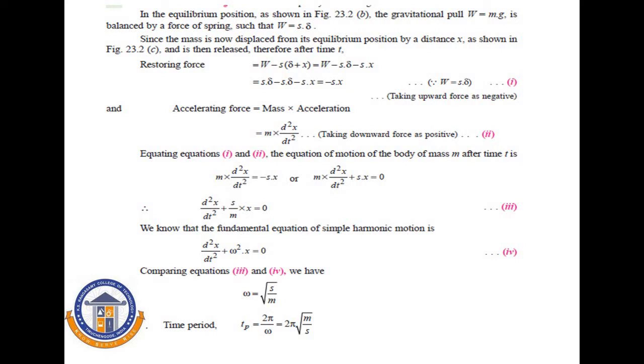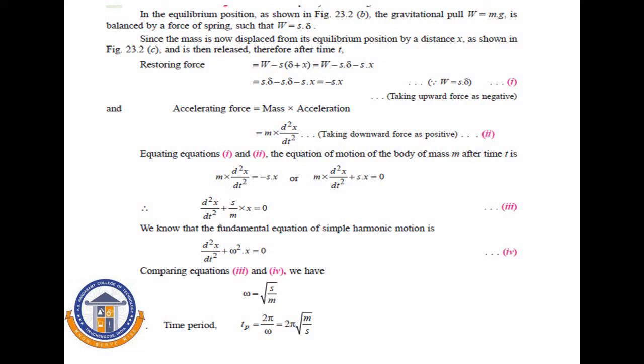Since the mass is displaced from its equilibrium position by a distance x, as shown in figure C, and then released, after time t the restoring force is equal to minus s x. The accelerating force is equal to mass into acceleration, which is m into d square x by dt square. So equation 1: restoring force equal to minus s x. Equation 2: accelerating force equal to m into d square x by dt square.